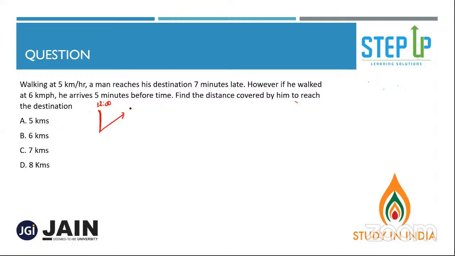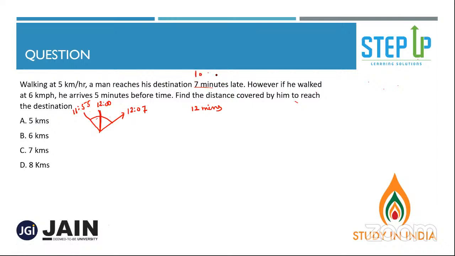If I'm reaching at 12:07, 7 minutes late, and if you reached 5 minutes before, it means that you reached at 11:55. For how long did you wait? You waited for 12 minutes, 5 plus 7. Always we just have to add that time.